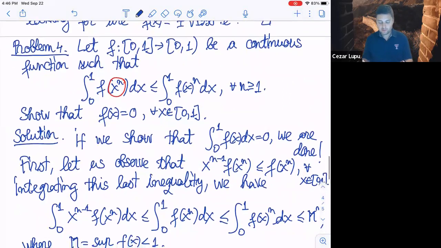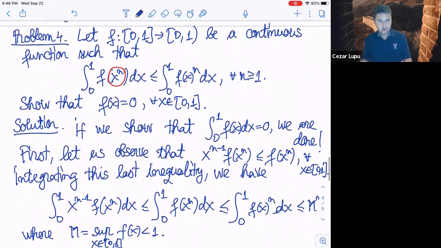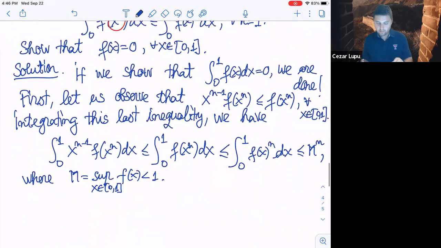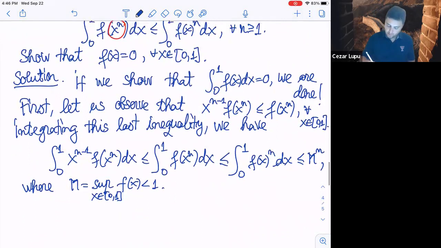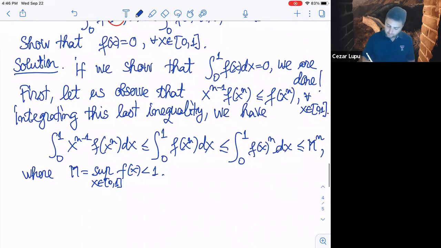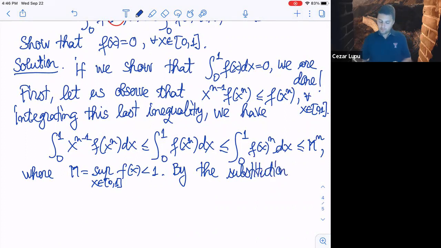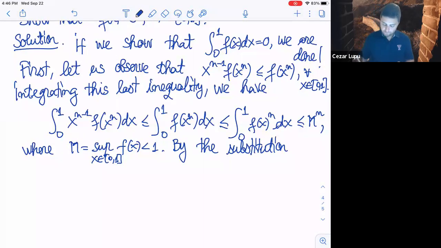And this supremum is less than 1. Just look how the function is defined, it has values in [0, 1), open at 1. So this is less than 1, and this is very important. So now we have this inequality. Now we can perform the u substitution, so by the substitution, x to the n equals u.